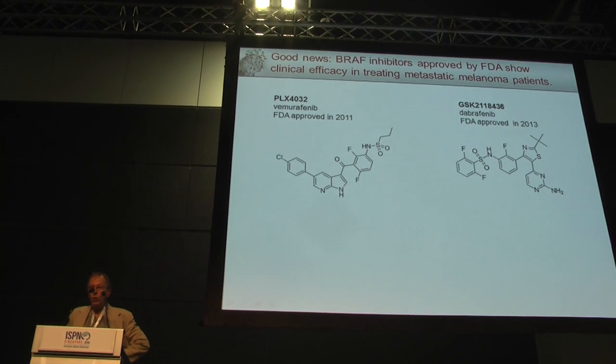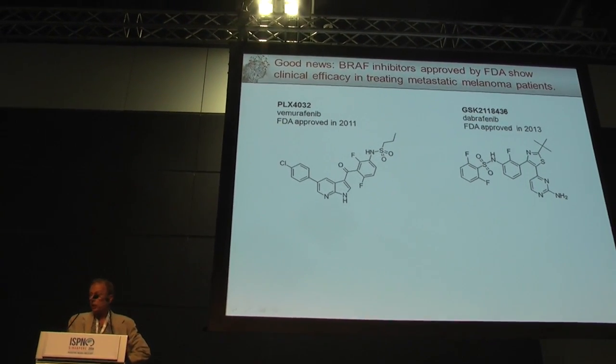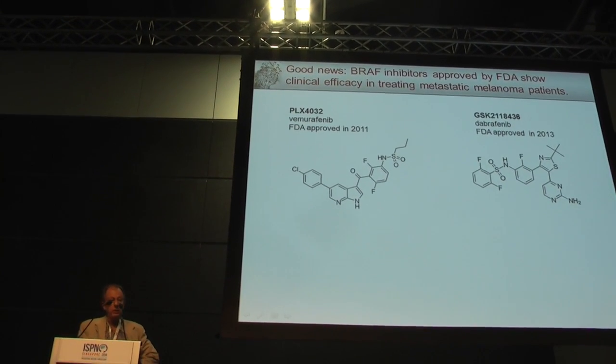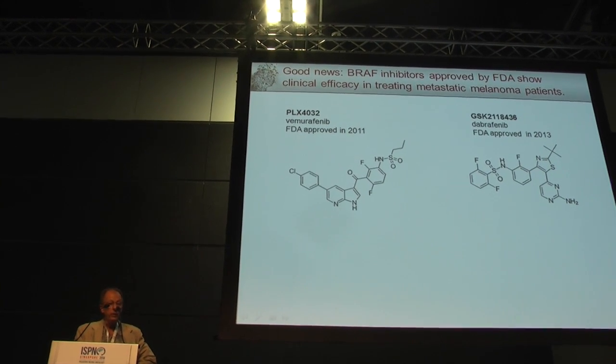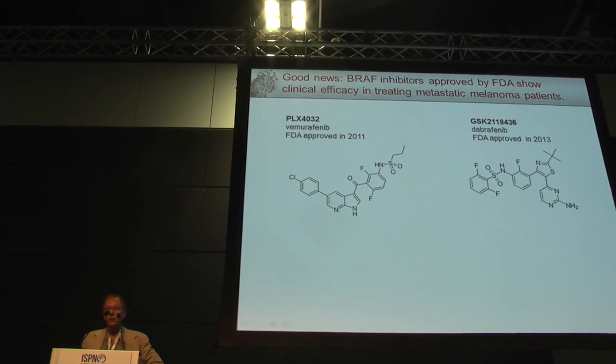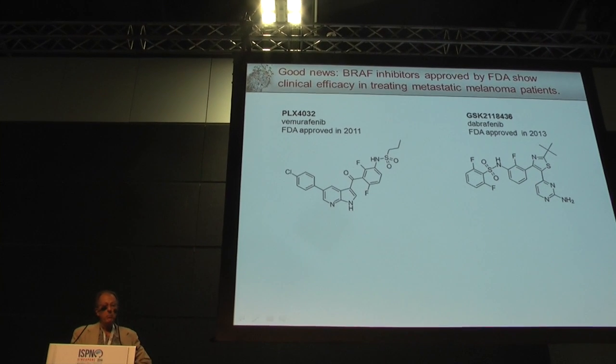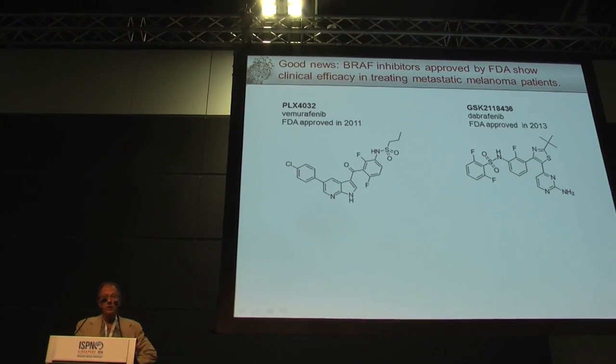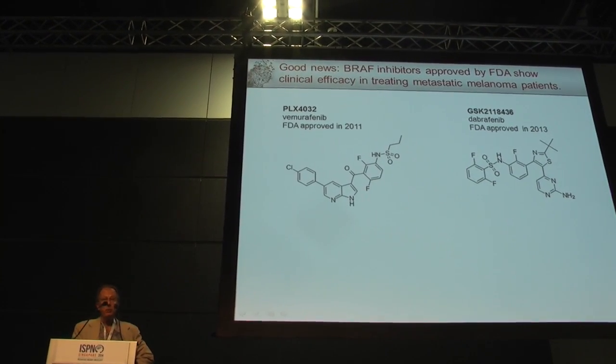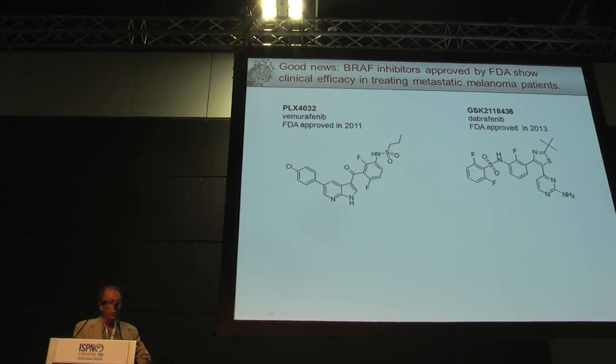So, when the first news of these genetic lesions that Stefan talked about came out, there was a kind of euphoria. The reason for that is that small molecule inhibitors of BRAF had been well along in the drug pipeline for treating a much more common adult cancer, malignant melanoma.